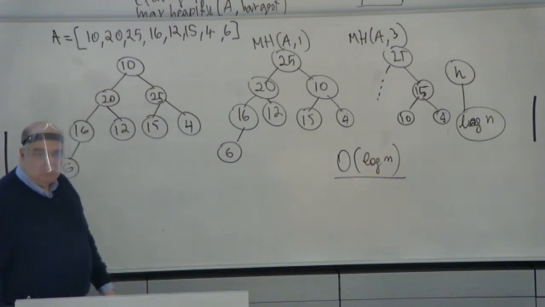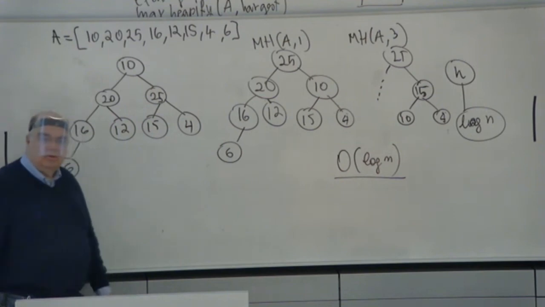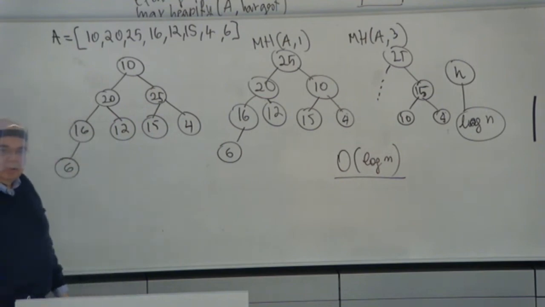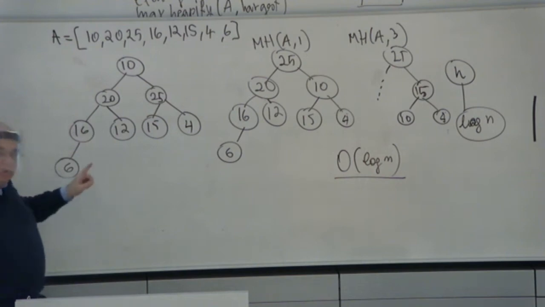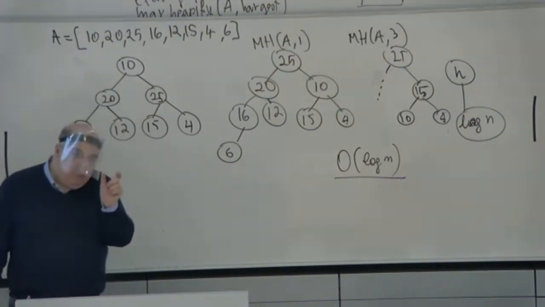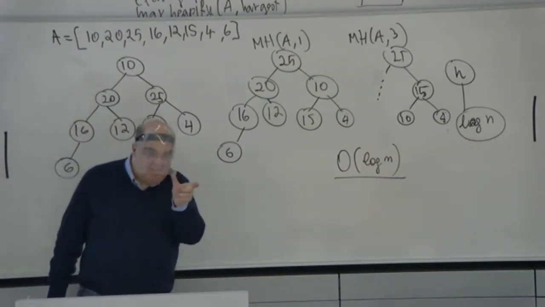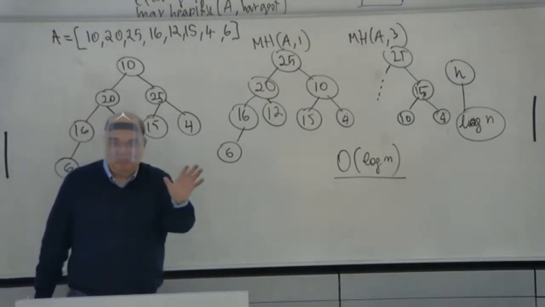Yes, please. Swapping this? Sorry, I don't understand the question. No, because in that case, if you have a 6 here and a 16 here, that would not be the assumption. That's the reason why I wrote the assumption at the beginning: both the left subtree and the right subtree are max heaps. So you are not worried about what happens below, because you know that below everything is okay.